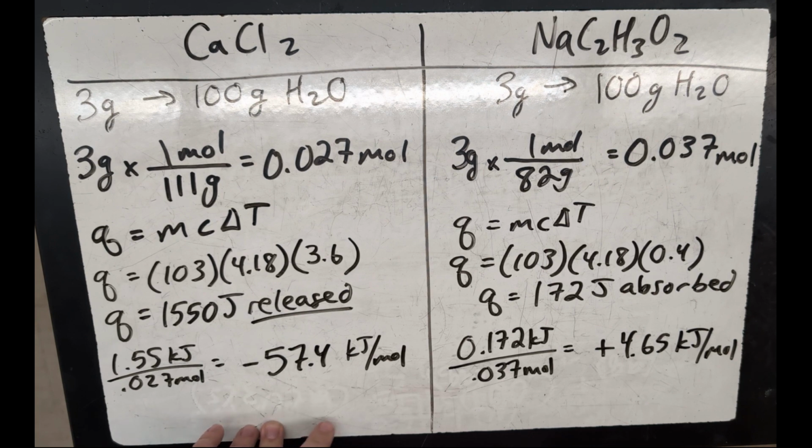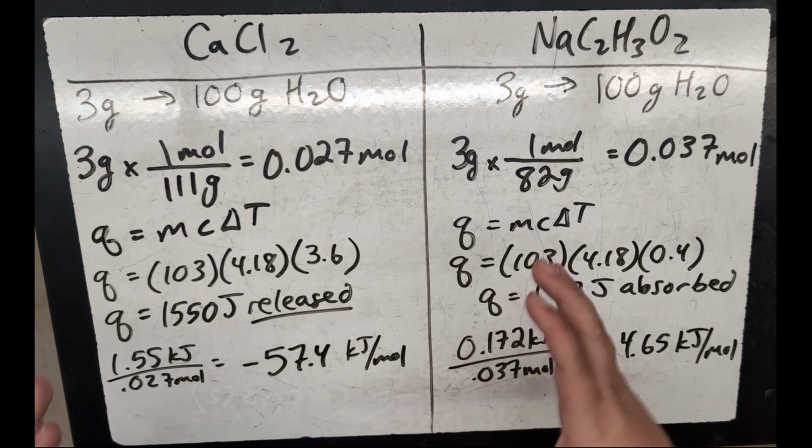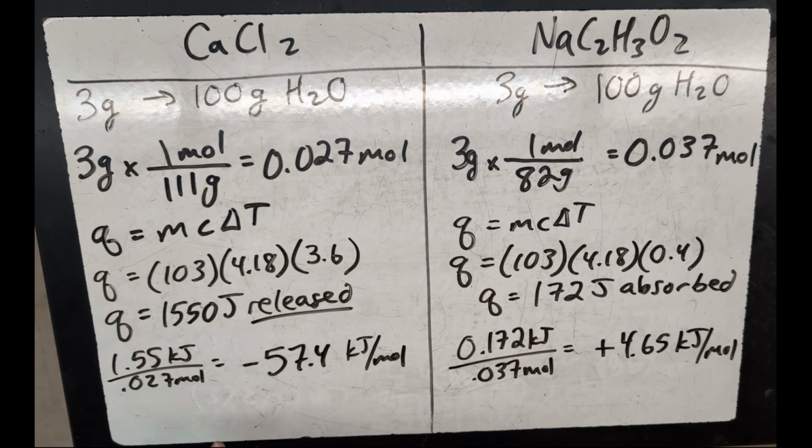So the beaker, if you use the big calorimeter with a beaker inside, the glass can absorb some of that, the styrofoam can absorb some of that, the air surrounding it can absorb some of that. So that means that your thermometer will pick up less of a change in temperature than it really should have. So this number probably would have been bigger if it was a perfectly insulated scenario.